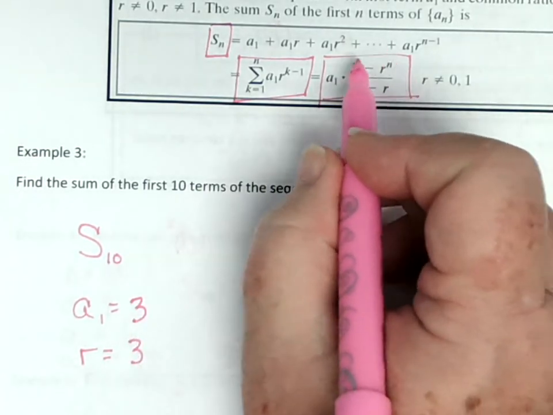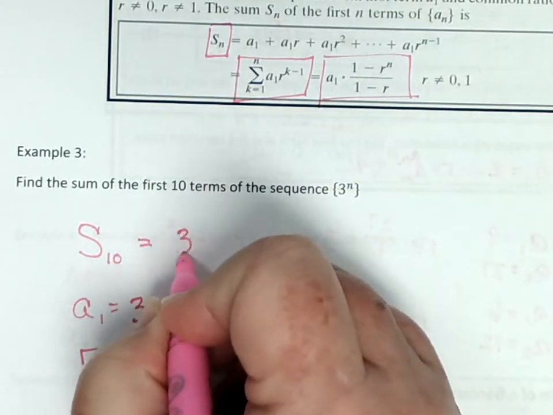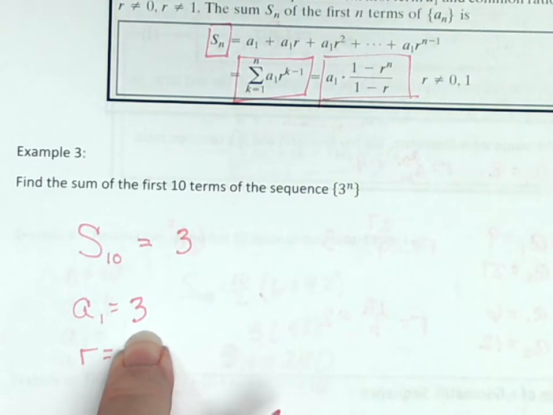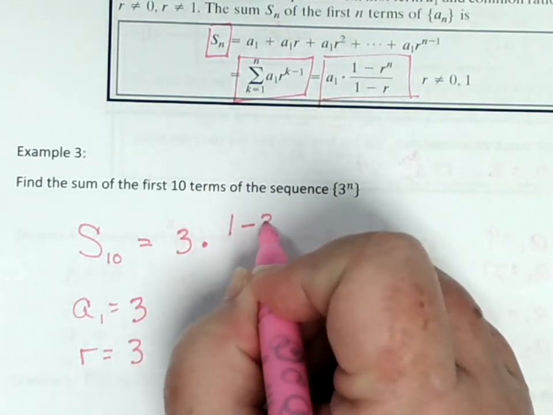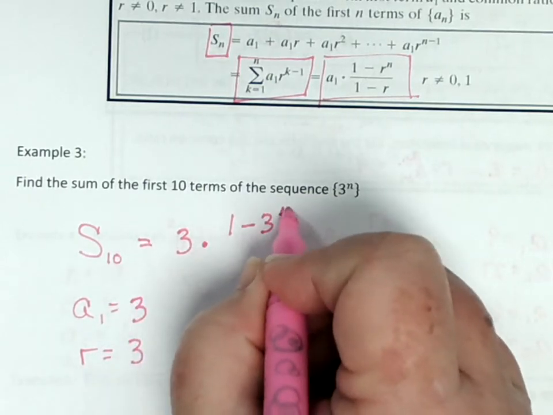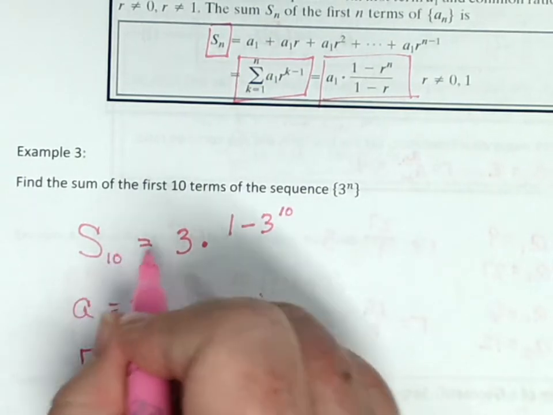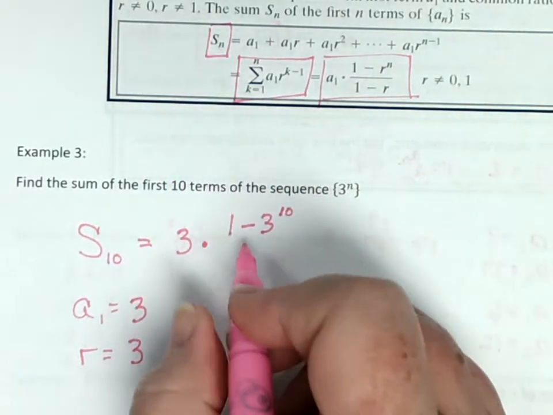But now we're going to use this formula. And this is equal to first term, which was a sub 1, times 1 minus r, which was 3, to the nth power, and that's a 10. And the reason it's a 10 is we're finding the first 10 terms. See how that matches right there?